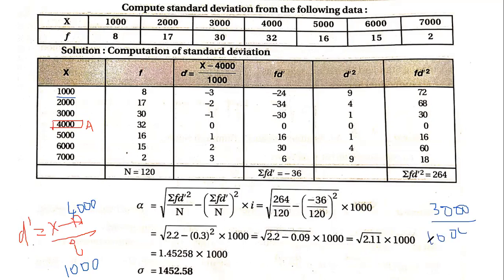If you divide by 1000, 1000 threes are, so you have minus 3. Why minus 3? Because 1000 minus 4000 is minus 3000, so you get a negative value. Next, 2000 minus 4000. I'll just use the whiteboard for you to understand it better.